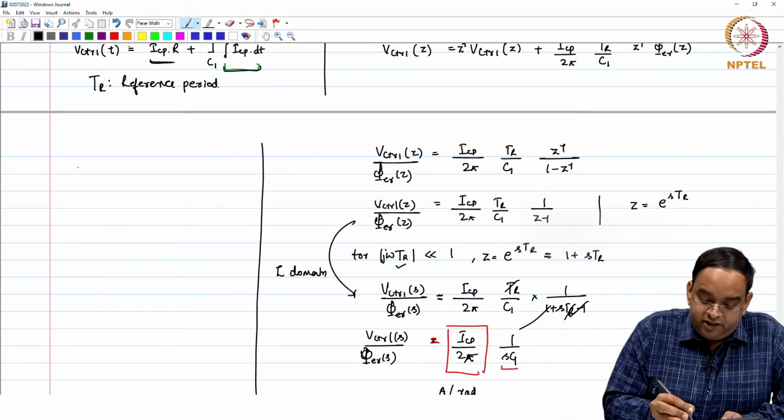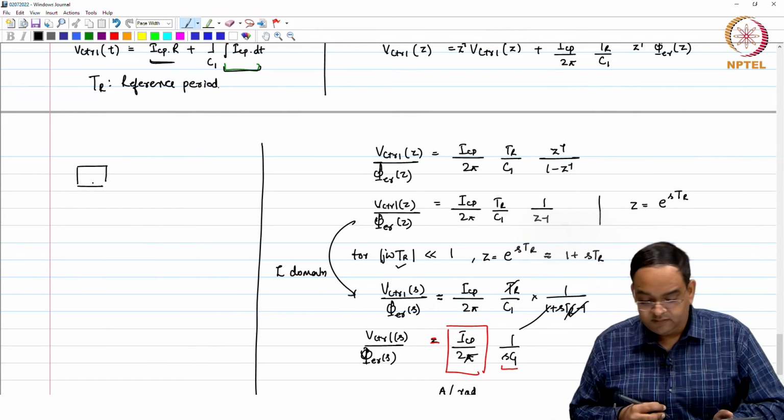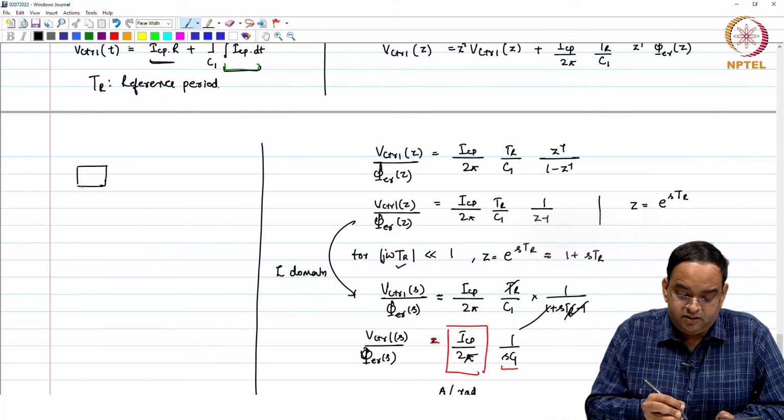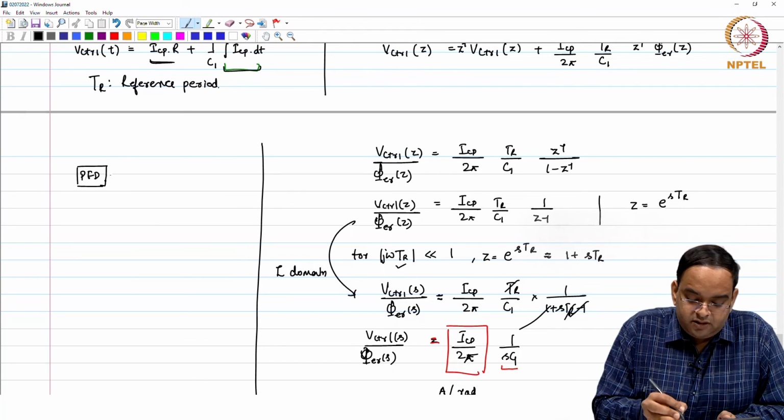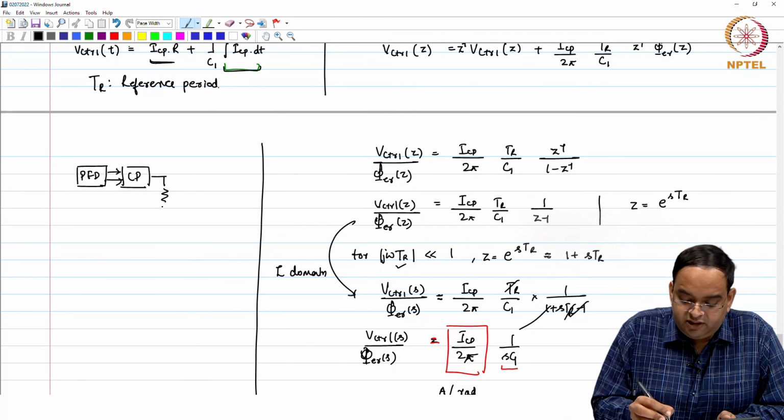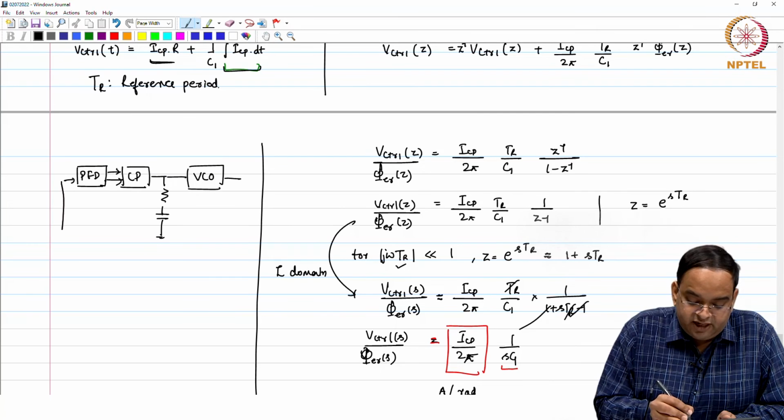So, I can model both our PFD plus charge pump, CP is normally used for charge pump, which goes into the loop filter, controls the VCO and feeds back.